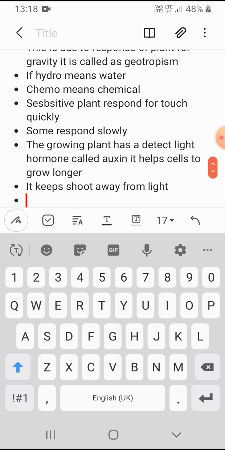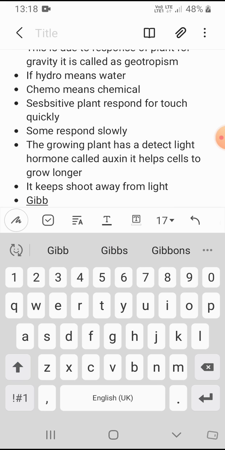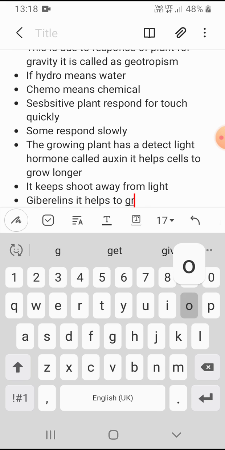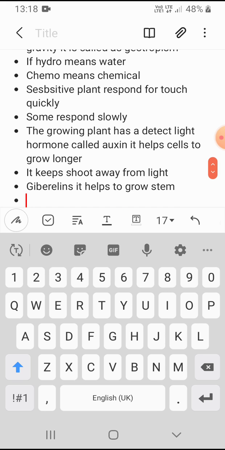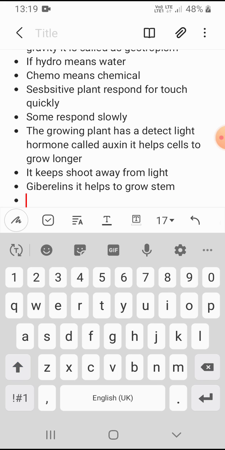And another hormone is gibberellins. It helps to grow the stem, and auxin helps to grow the cells.